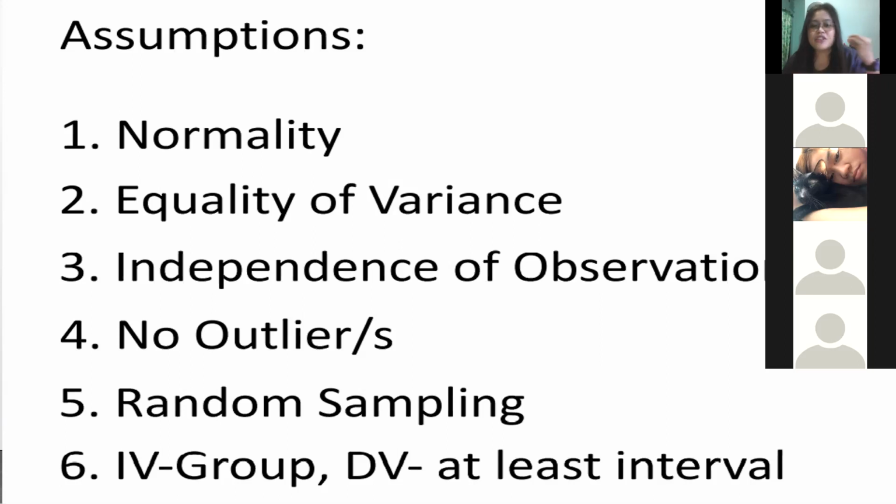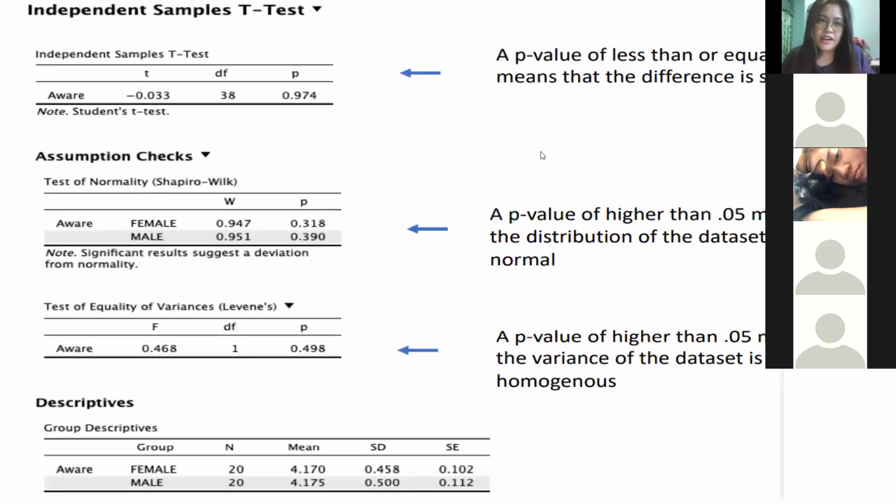And then kailangan there should be random sampling. Remember the random sampling, all members of the population has equal chance to be selected in your study. And then the independent variable should be in groups, and then the dependent variable is at least interval. So ang groupings nato dinhi male and female, and ang dependent variable kay ilahang level of awareness.